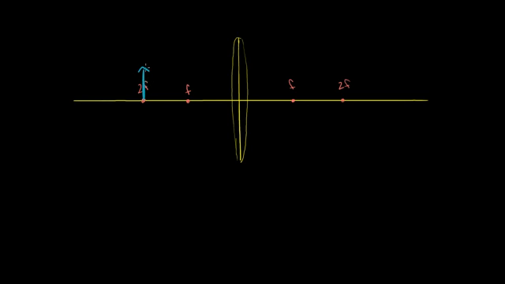We'll do one ray that is parallel, and when it gets refracted, it will go through the focal point on the other side. And then we'll do another ray that goes through the focal point on the left side, and then it will become parallel. And they converge right over there.